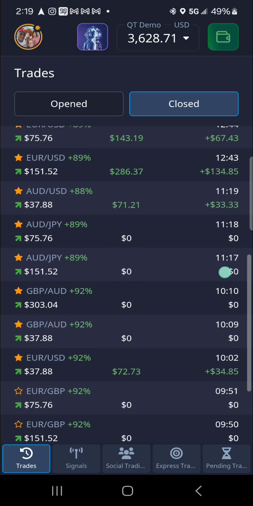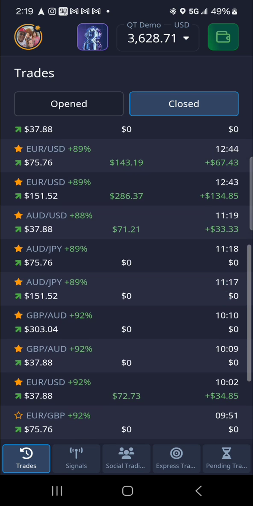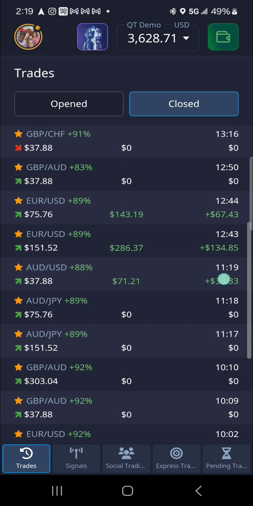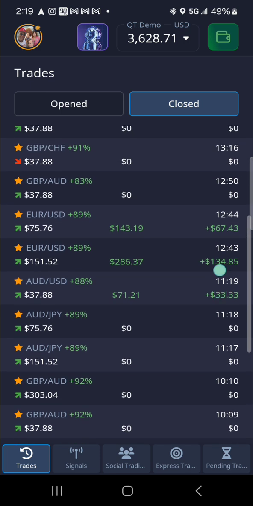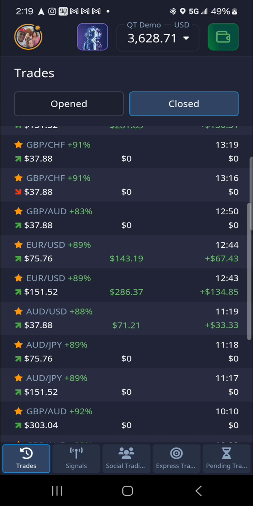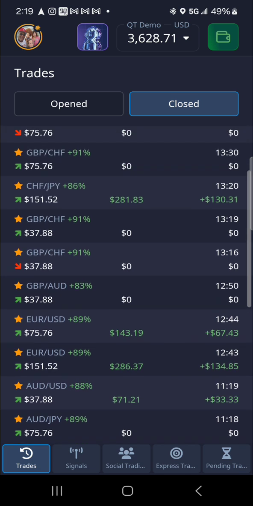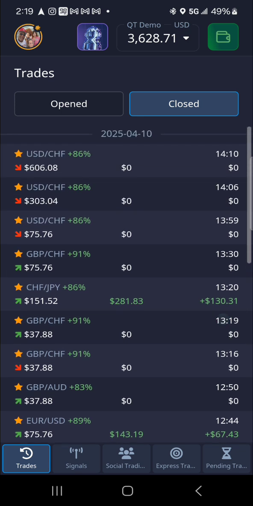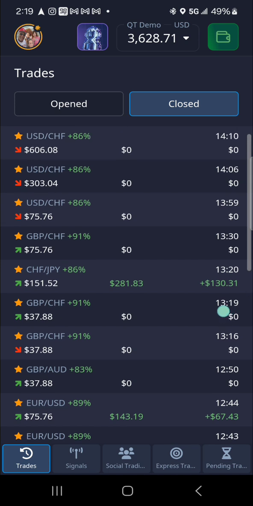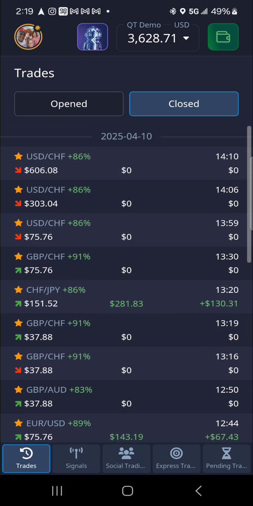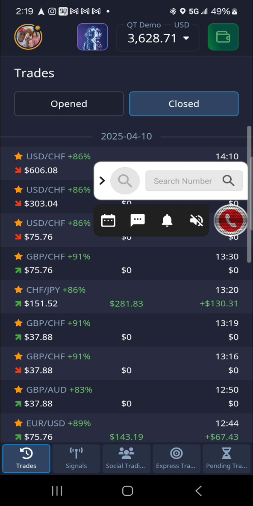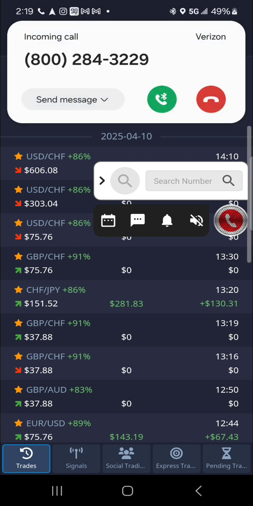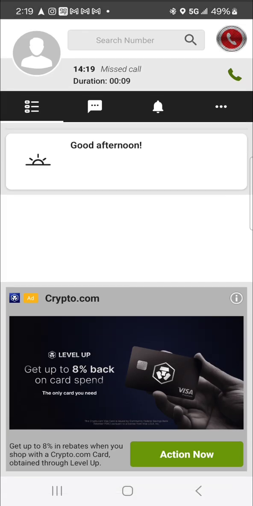Lost that one, lost those two primaries, lost that secondary, then won a secondary, won a primary, won a secondary, then lost 1, 2, 3 secondary trades, then won a primary. So I was up 2 primary trades at that point. So I went for the double and ended up losing pretty much everything else. So that's pretty much what happened.